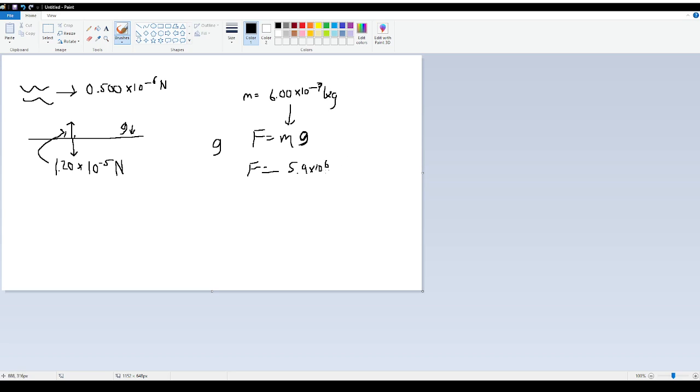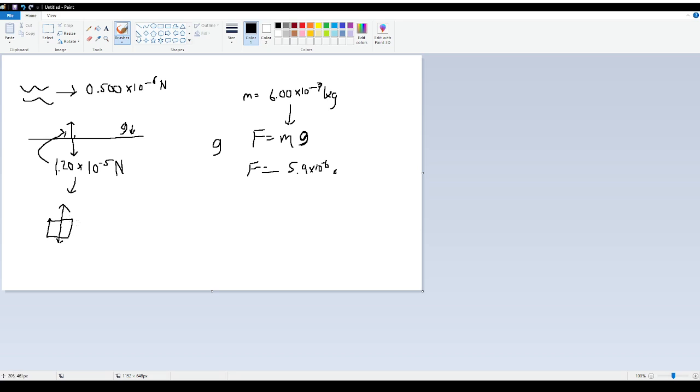Let's draw a free body diagram real quick. We'll draw our flea as a box. We have force going upward, and the gravitational force is this little arrow down here, which is clearly less.